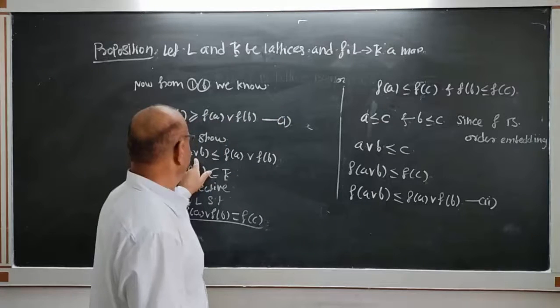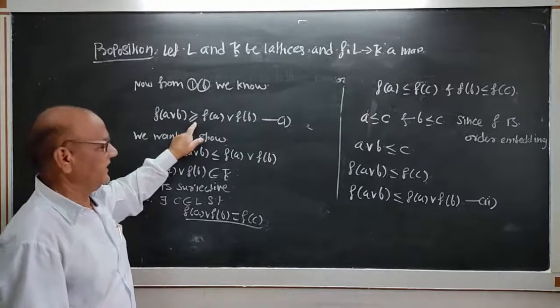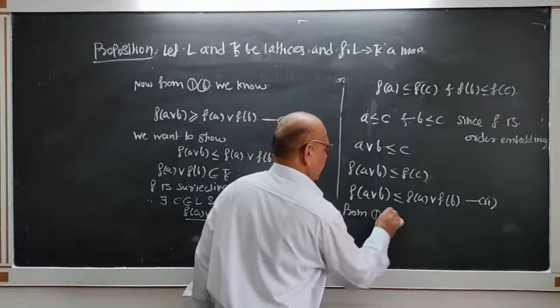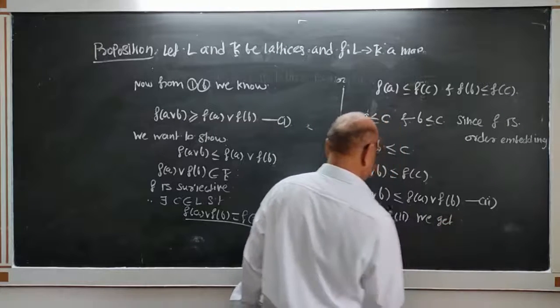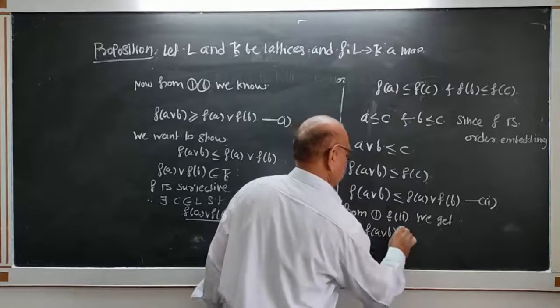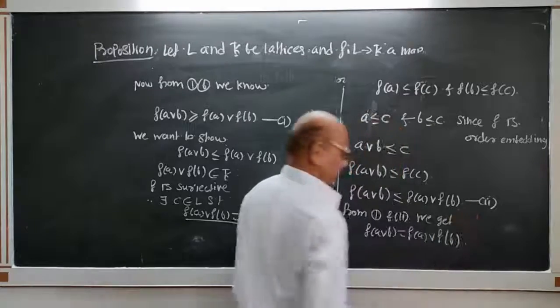From 1 and 2, we get f(a join b) is equal to f(a) join f(b).